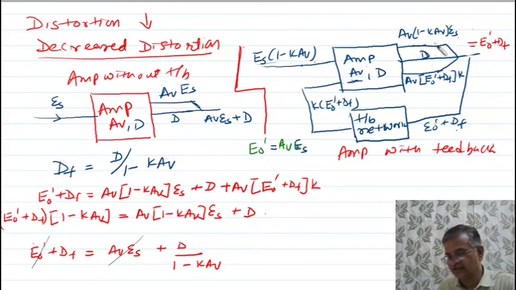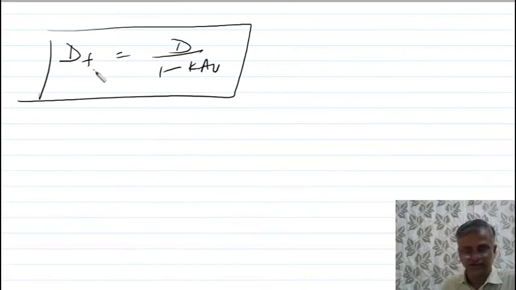So you will get this input multiplied by gain, distortion D, and this feedback voltage multiplied by gain. So you have done addition, then simplification. So you get DF equal to this. So distortion decreases.